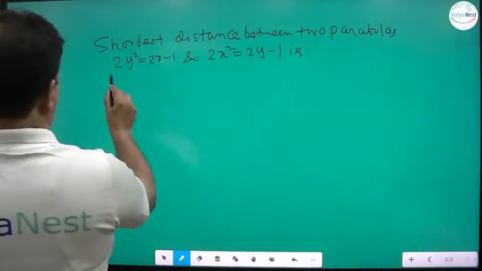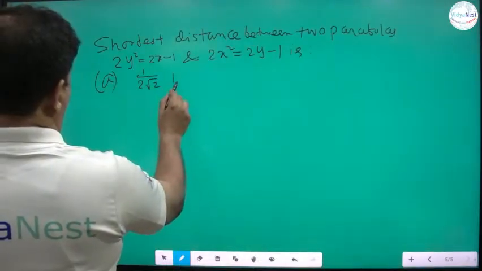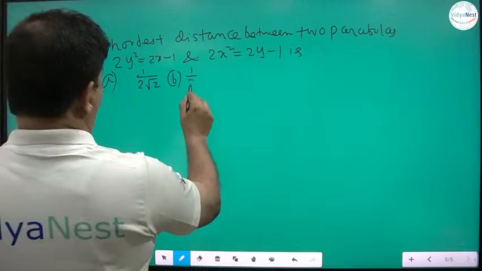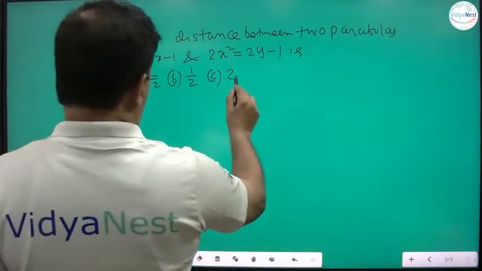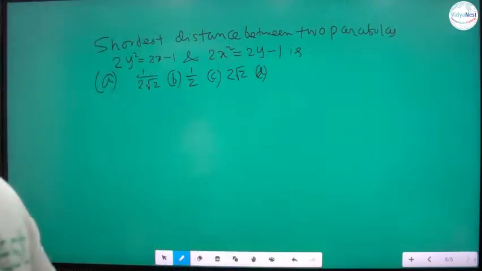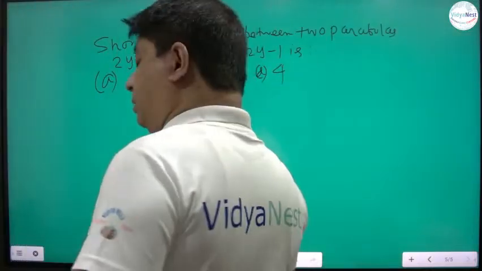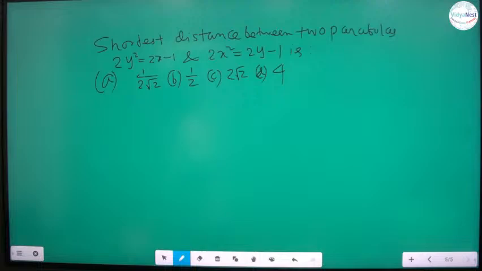There are 4 options. Now, how to find the shortest distance?